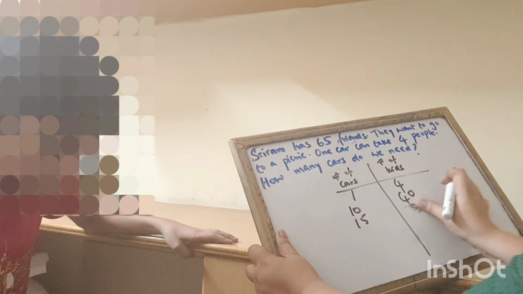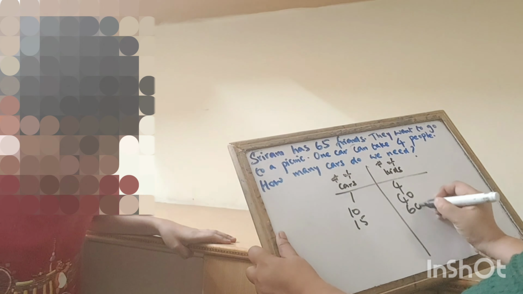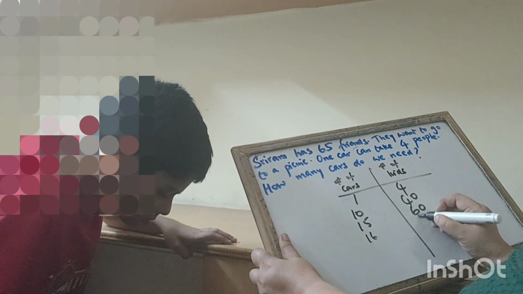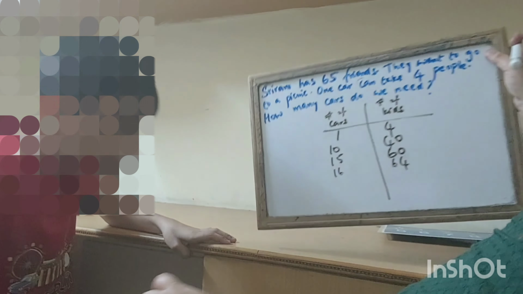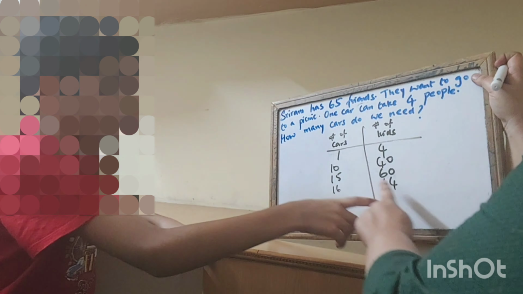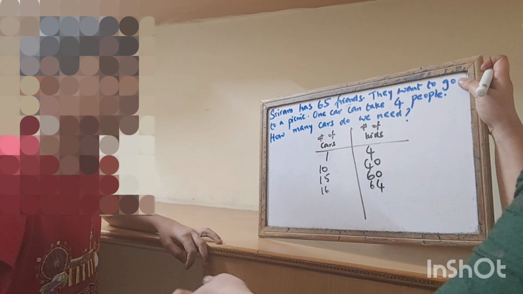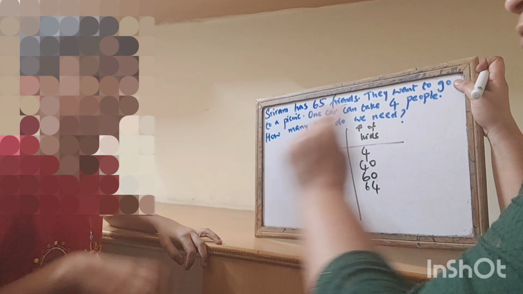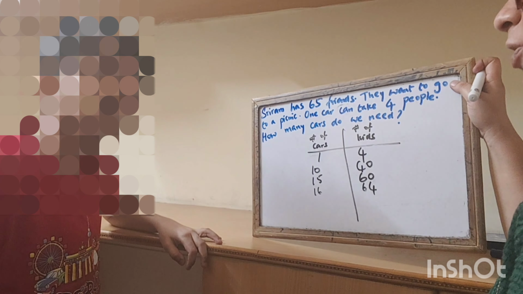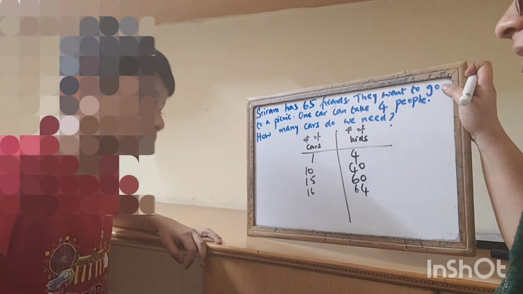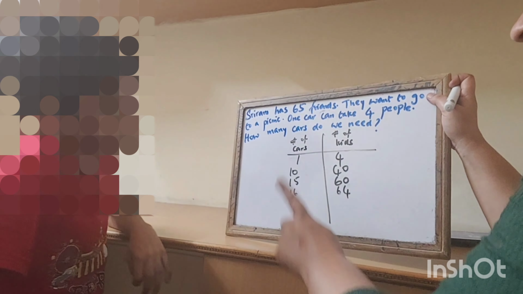Okay. And 16 cars can take 64 kids, correct? But you have one friend left over. What can we do with him? He doesn't want to stay with you. He wants to go to the picnic. So what do we do, Shriram?